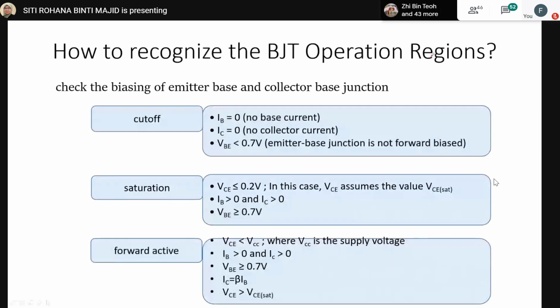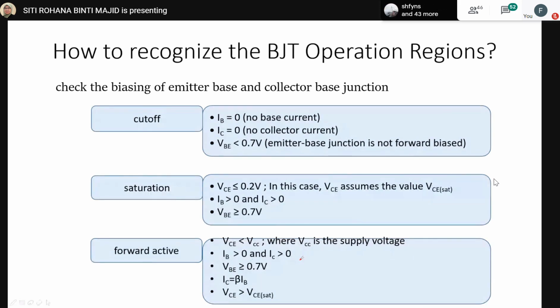But for saturation and forward active, IB is bigger than 0. Once we get IB, definitely we can calculate IC. So there is a similarity between saturation and forward active, in which the values of IB and IC are not equal to 0.